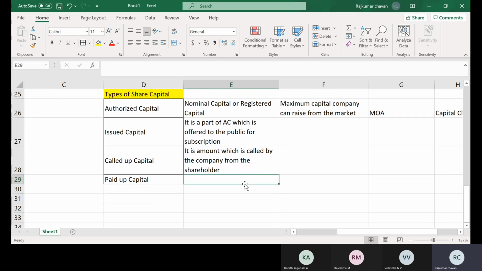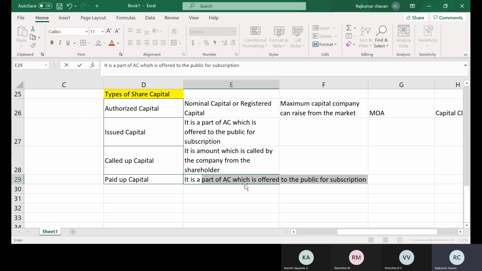Then paid up capital means, from this called amount, how many people are paying. That is called paid up capital. It is a part of called up capital, where the members or shareholders have paid money.